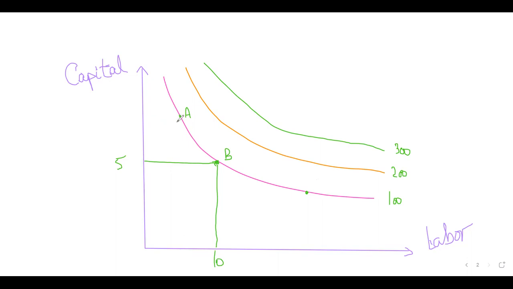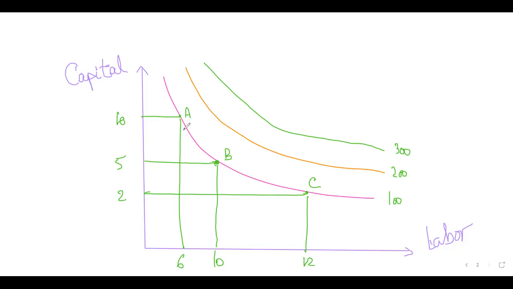And in the case of A, it was, let's say, 10 and 6. And in the case of C, it was, let's say, 2 quantities of capital and 12 quantities of labor. Easy.